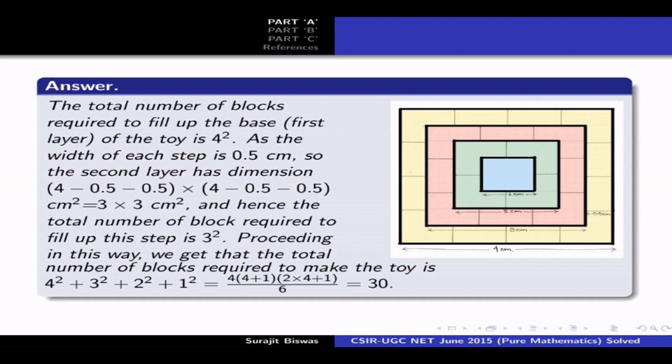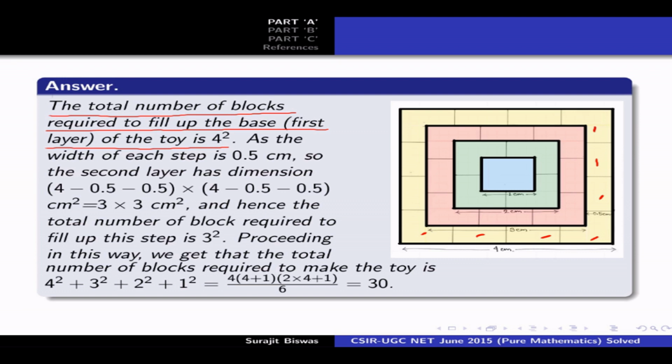So first consider the base, that is the first layer of the toy. Since the area of the base is 4 by 4 square cm, and each cube is of volume 1 by 1 by 1 cubic cm, the total number of blocks required to fill up the base, the first layer of the toy, is 4 squared. So 1 2 3 4, and in this side 1 2 3 4, so 4 times 4.